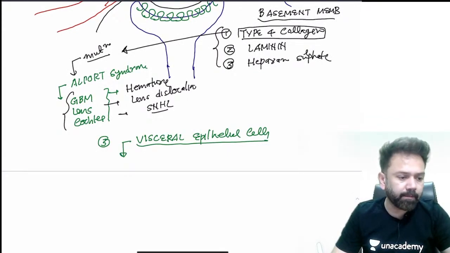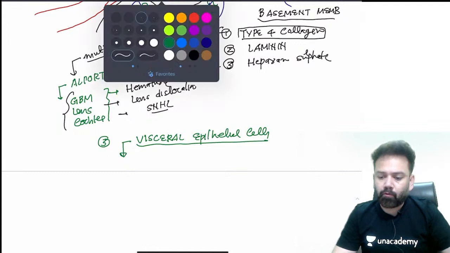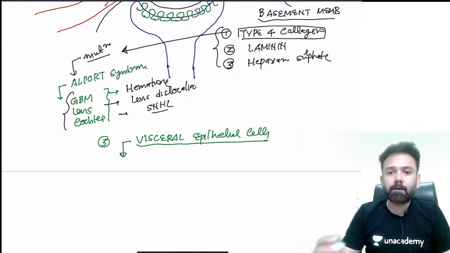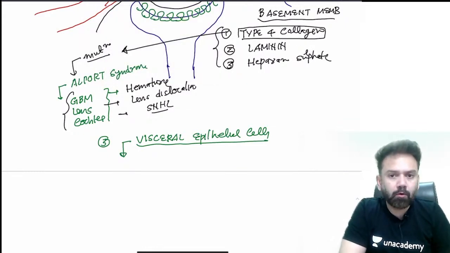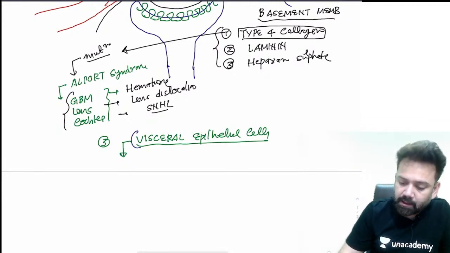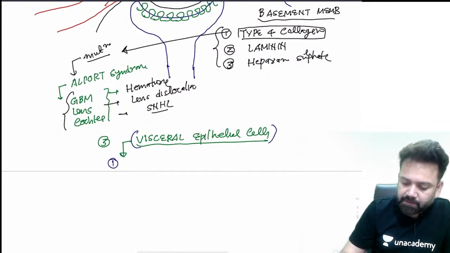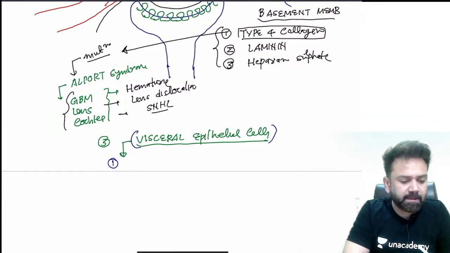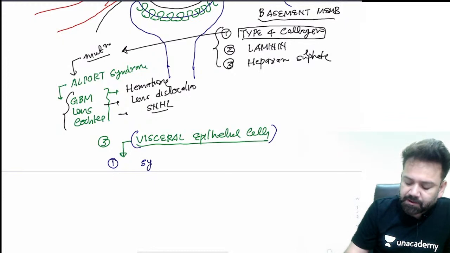Okay. Now, this glomerular basement membrane is formed by whom? It is the visceral epithelial cell. So the first function of the visceral epithelial cell is synthesis of the GBM components.